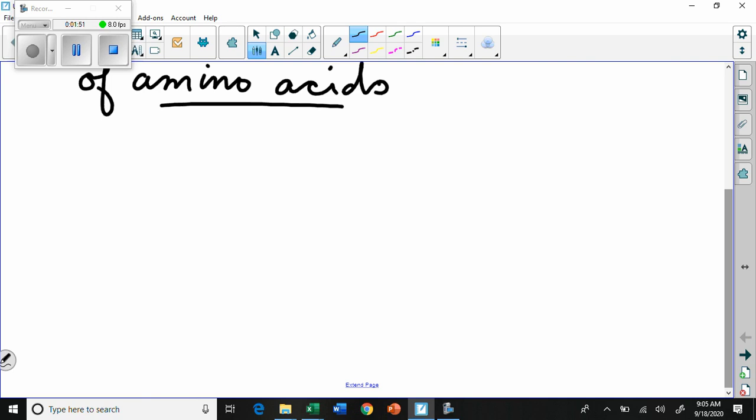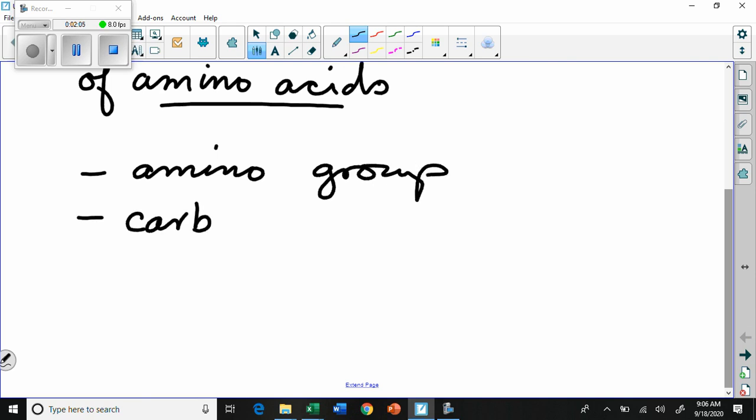Well, you can tell by its name that it must have some functional groups. And of course, an amino acid has the amino group, and it also has a carboxylic acid group, or the carboxyl group.